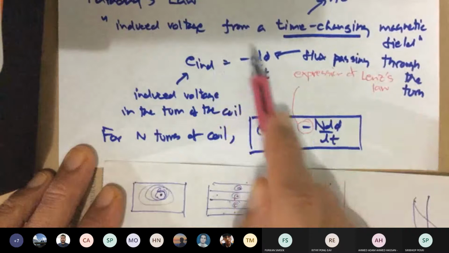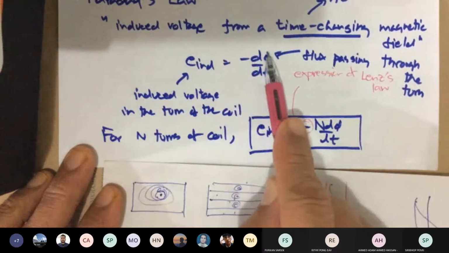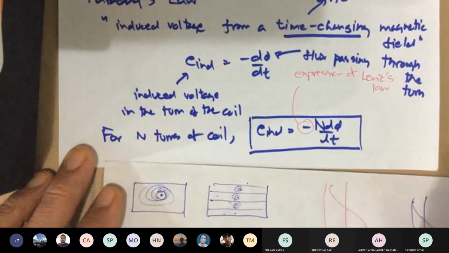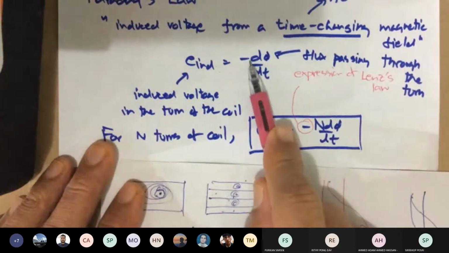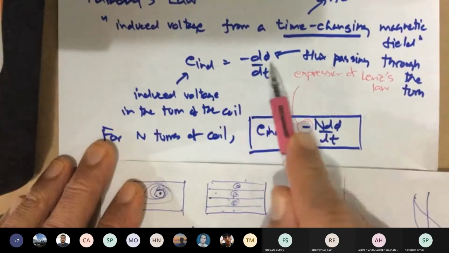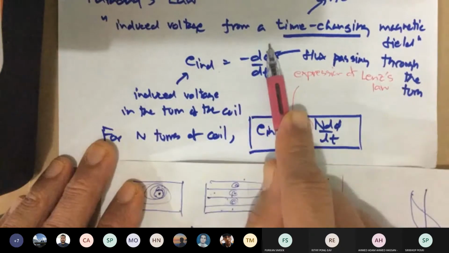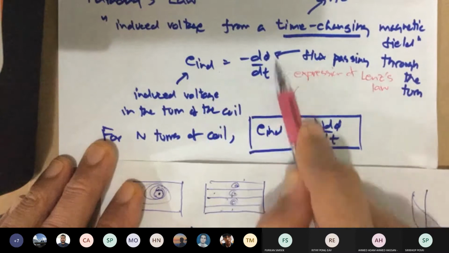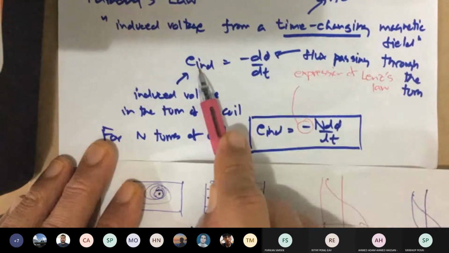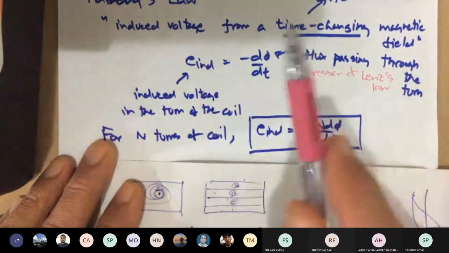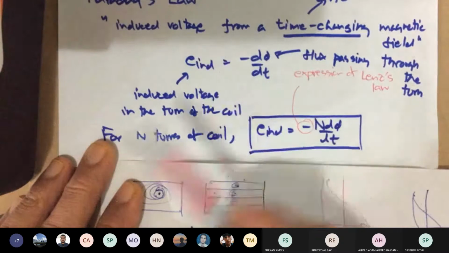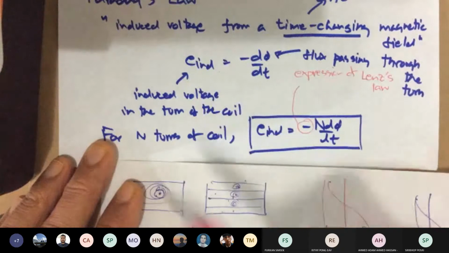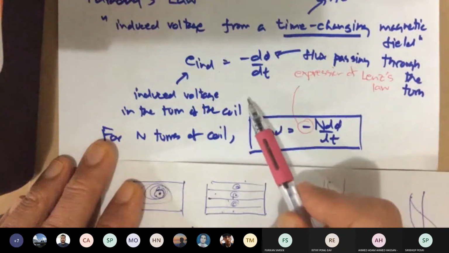If you have N turns, you just multiply by N. The negative sign indicates that if my flux is increasing with time, I get a negative voltage, opposite action. If my flux decreases with time, I get a positive voltage. But we will neglect that negative sign in this course only, just to get rid of the confusion. We don't care about changes in the positive or negative directions.